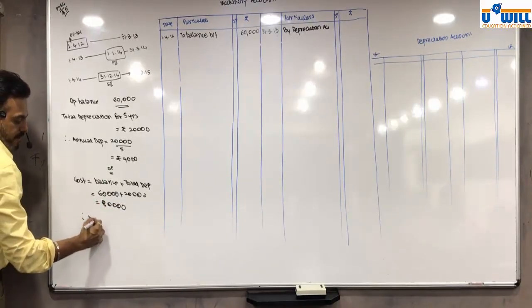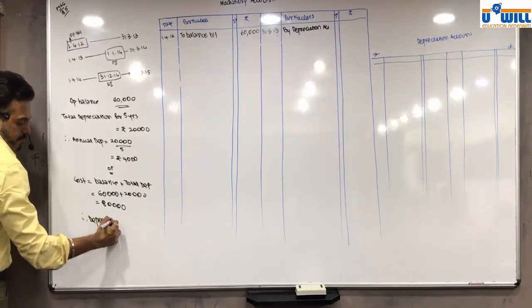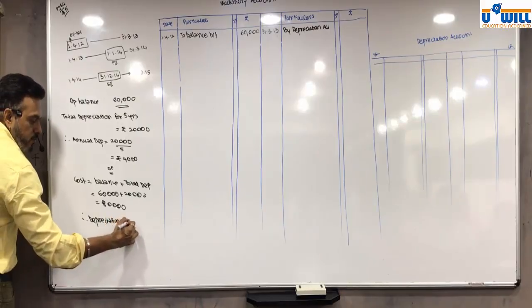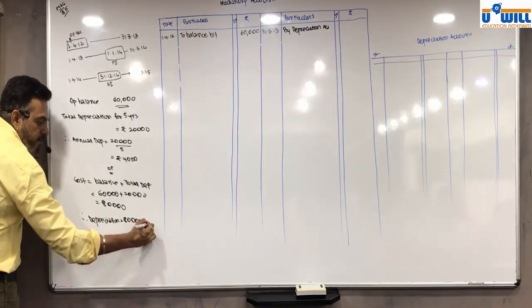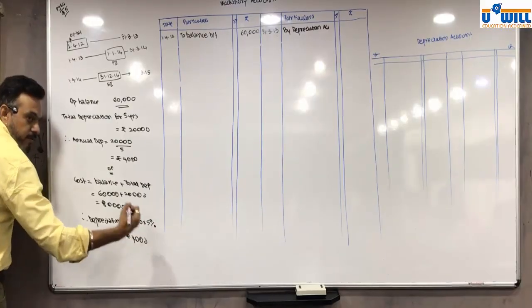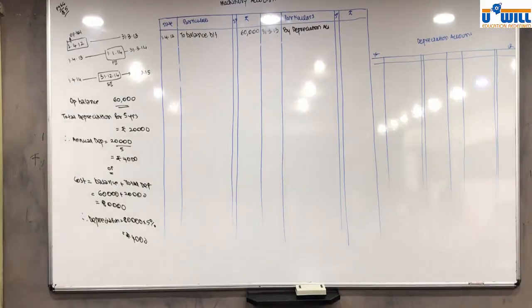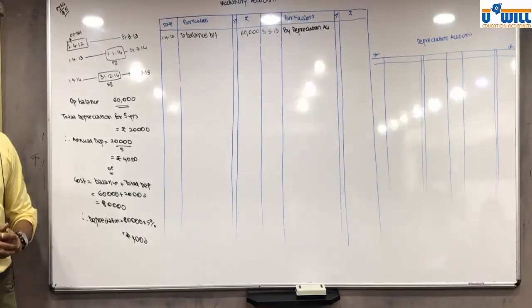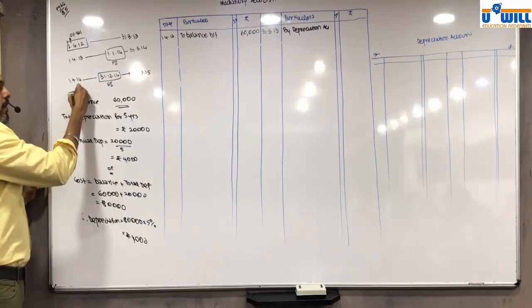Therefore, depreciation is equal to 80,000 into 5%, which is equal to rupees 4,000. Both ways we can do it. Did you understand the concept? Write it down. This is your working note 1.